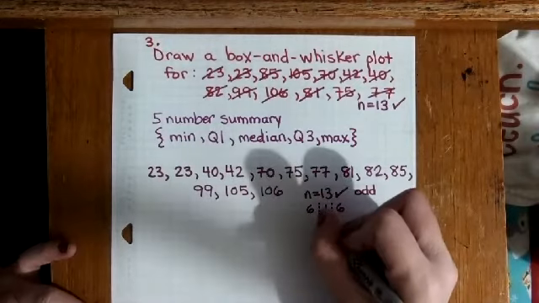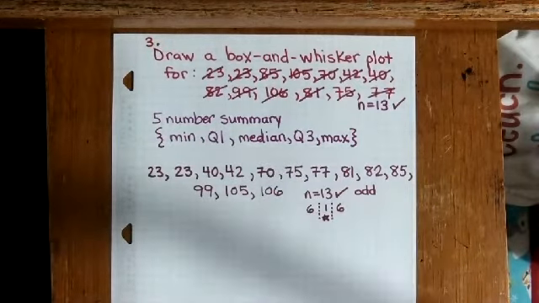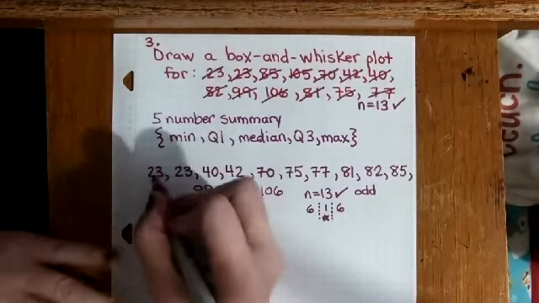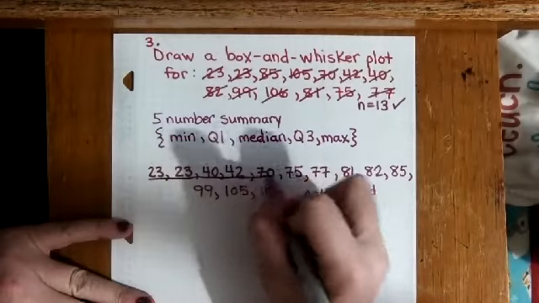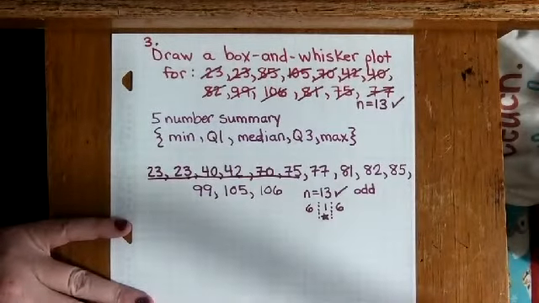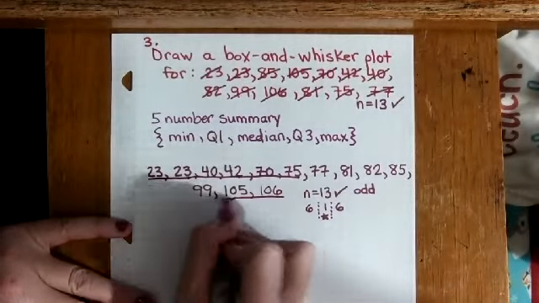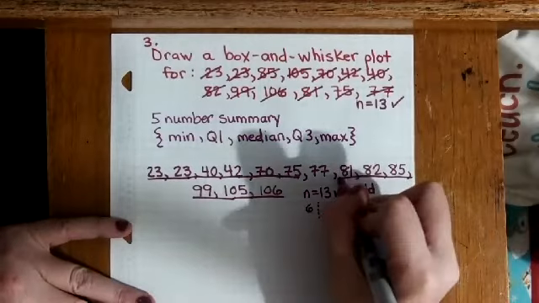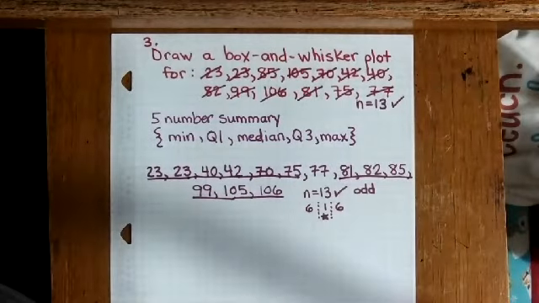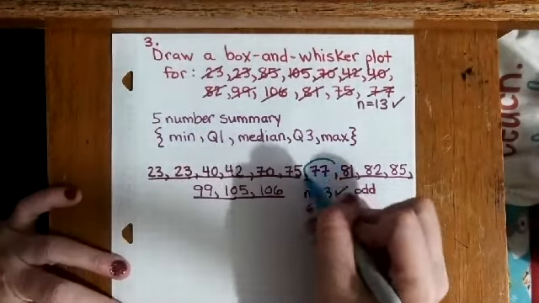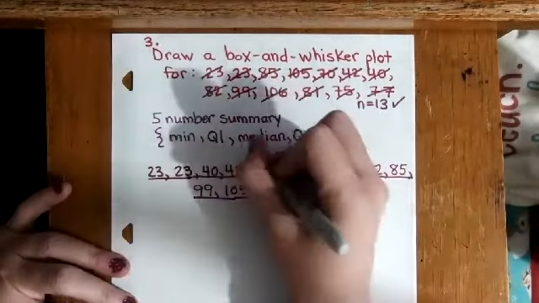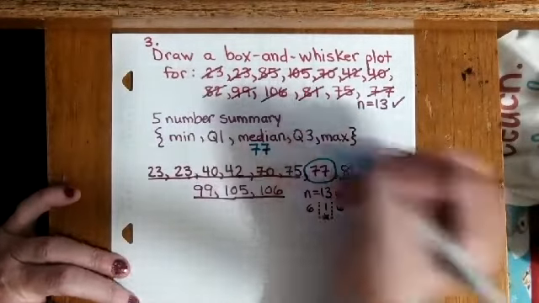That entry in the middle is going to be our median. So if we find 2, 4, 6 entries on one side, and 2, 4, 6 entries on the other, then we see that the middle most entry is here, the 77. The 77 is our median.